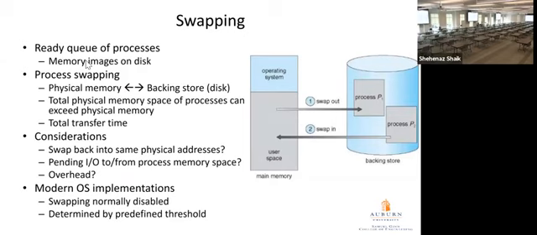Right? But as the long-term scheduler makes a decision to move one of the processes into the ready queue, prior to that, it needs to move the process from the persistent store to the physical memory, or in other words, it needs to allocate some physical memory space to the incoming process from the backing store, the persistent store.